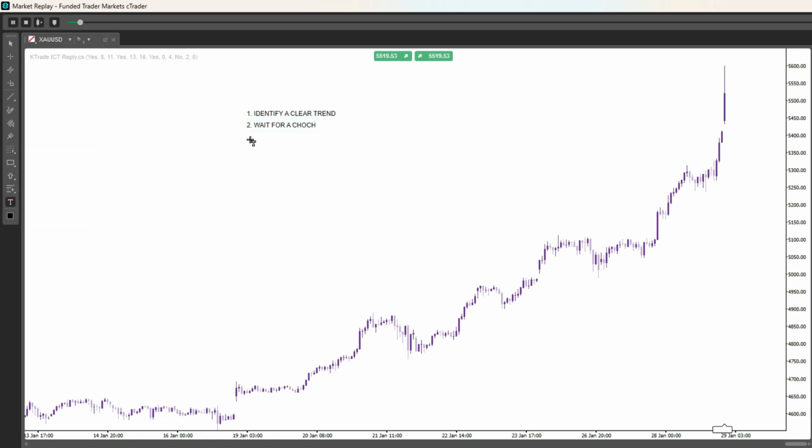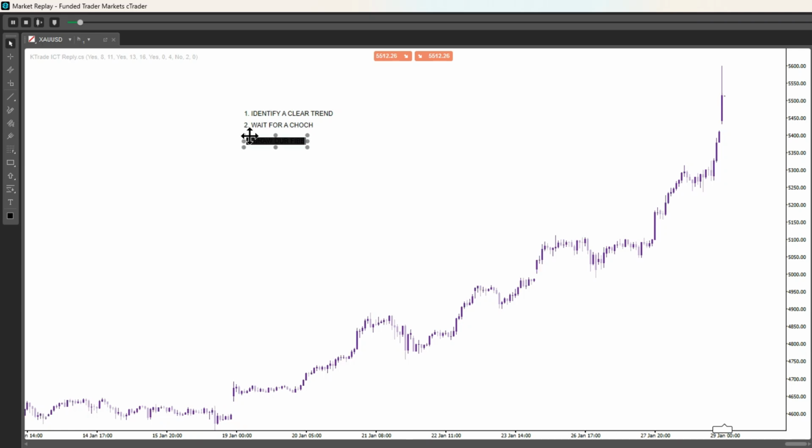Now after the change of character, the next thing we need to do is identify our swing high and our swing low. So we now need to draw our fib. Use the Fibonacci retracement. I'm going to share with you the settings that I use, because there are various points on the Fibonacci retracement, and we've broken it down into discount and premium zones.